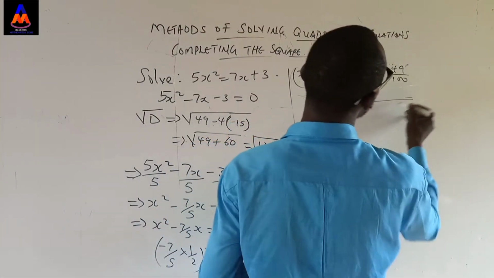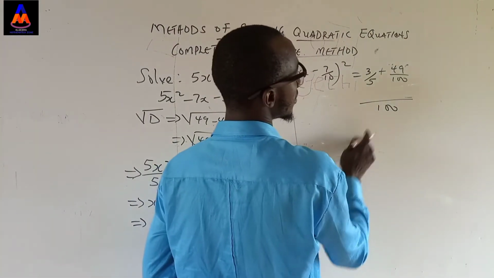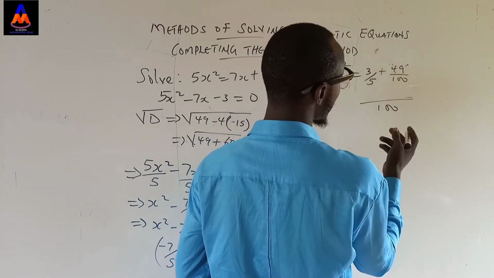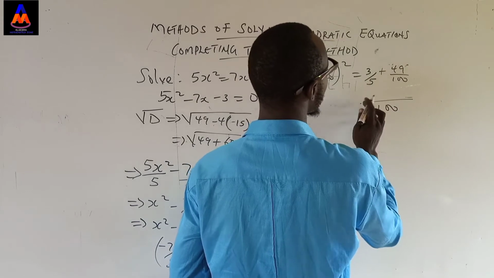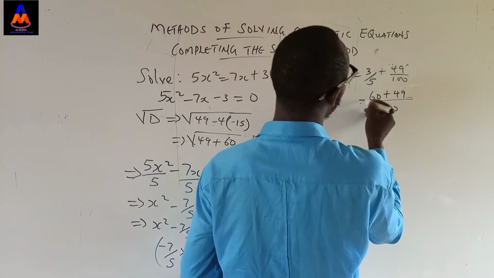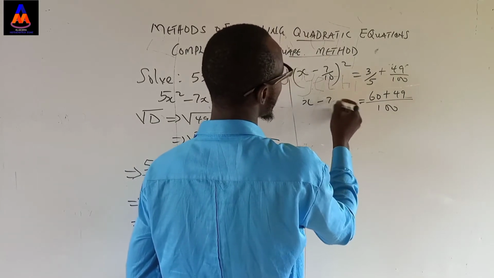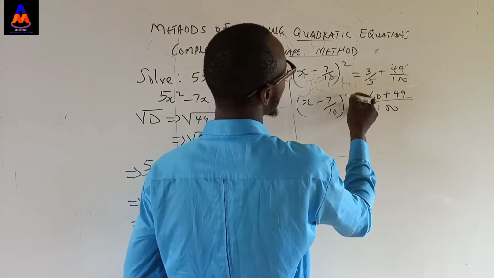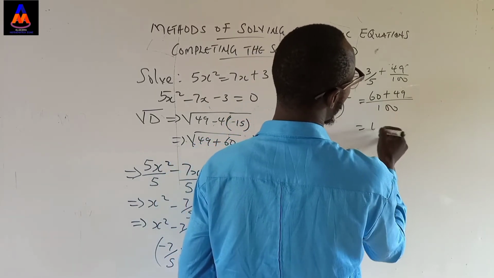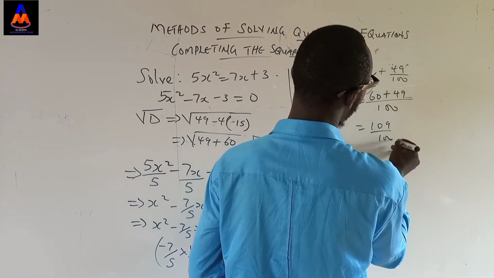Now to find the LCM here, this one is going to be 100, and 5 in 100 is 20. 20 times 3 is 60. Then 60 plus 49 equals s minus 7 over 10 squared. Then we have 109 over 100.